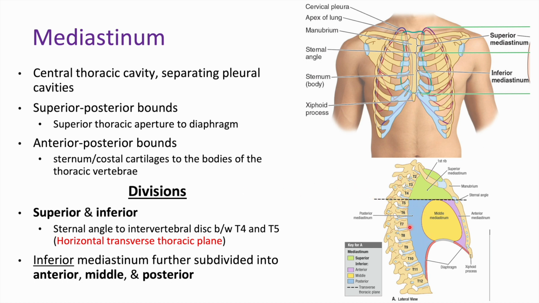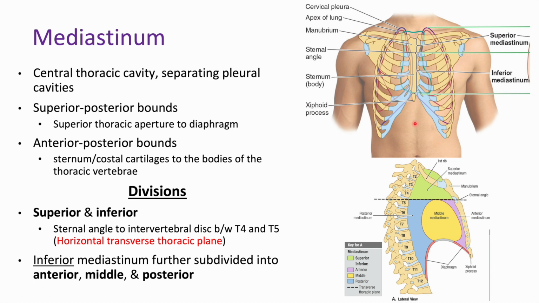And so, like I said, we're going to have a ton of different structures here. And so what we like to do, just like we saw with the neck, is divide it up into regions. And so the first division, we're going to take a really important landmark. We know our sternal angle is kind of right here or right here. And so let's get the sternal angle and let's just cut a straight transverse line right here across the thorax.